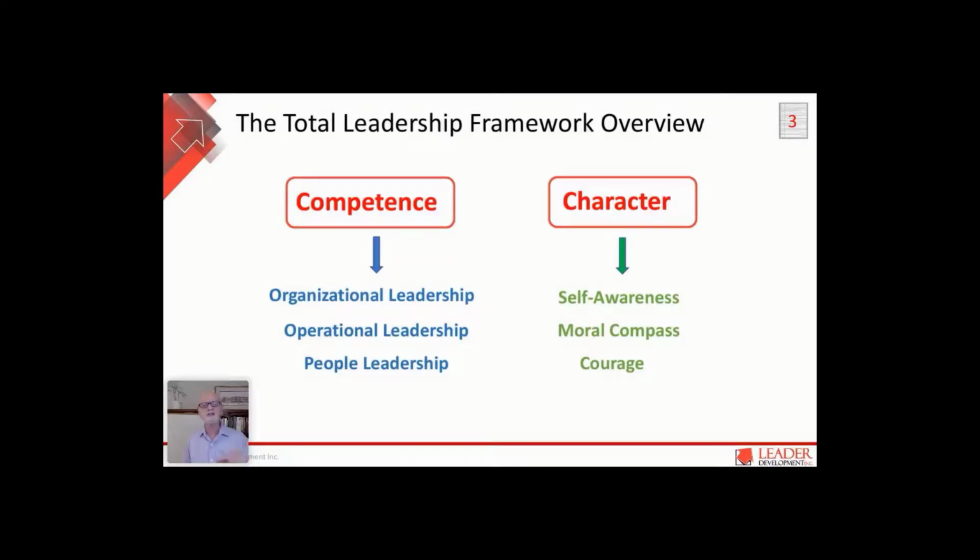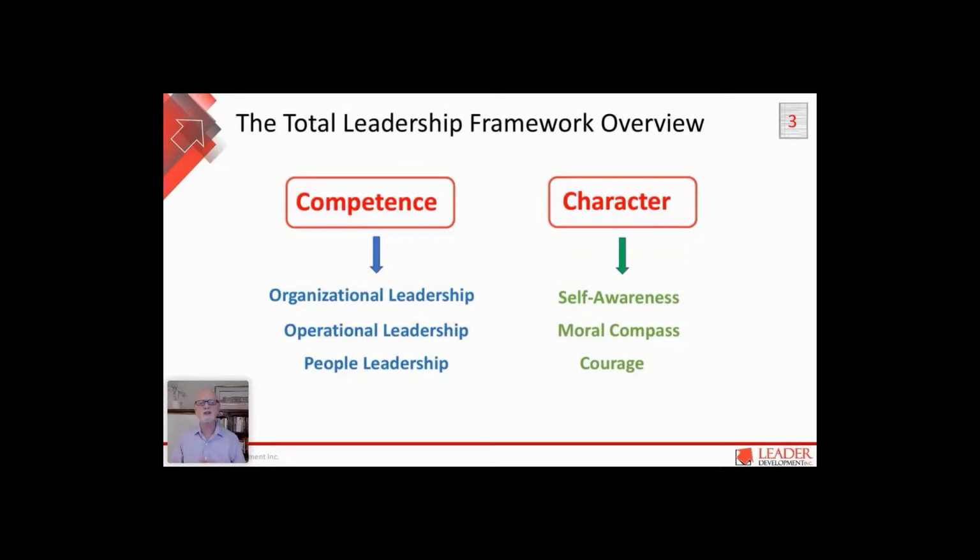Think of it like this. Think of a ship. The captain of the ship is on the bridge, and that captain's focus is external to the ship, making sure that it gets to the right port of destination, making sure that it doesn't hit any other ship, that it doesn't run aground, that it avoids storms as best as it can, and so on. That's the role of organizational leadership, leading the organization as a whole.